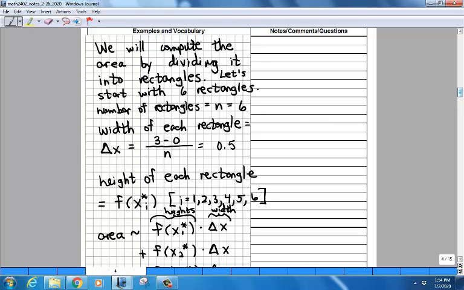This is a value on the x-axis in the first rectangle, this is a value in the second rectangle on the x-axis, and so on. So the subscript means in which rectangle the x is located. But remember, the x's are always on the x-axis.